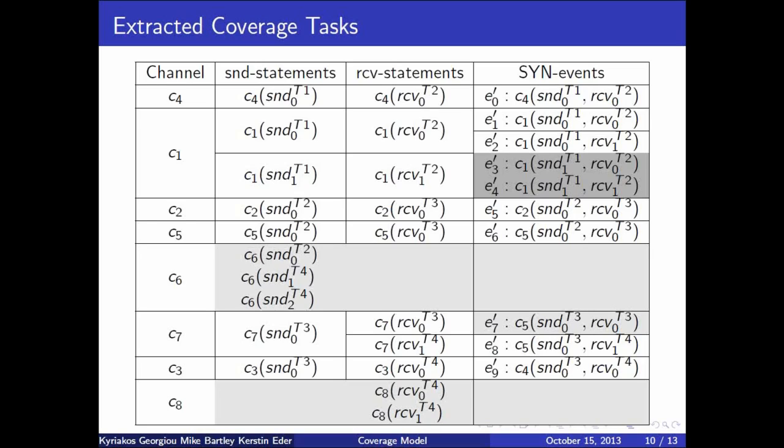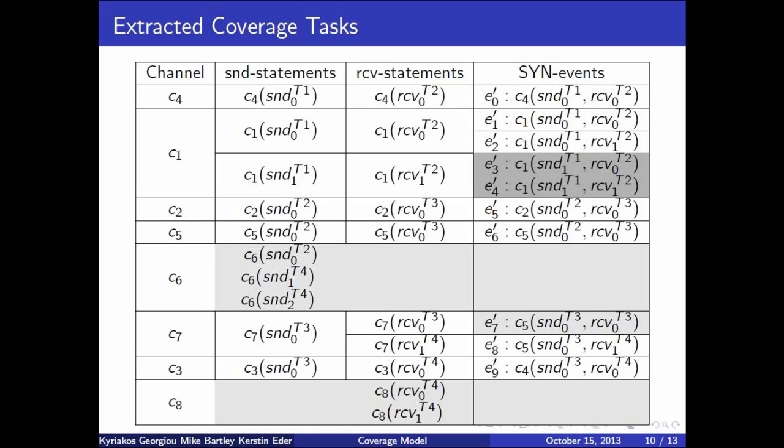So if you take channel 6, you have 3 send statements without any corresponding receive statements, and also no seen events, which means that if you reach one of those statements, your program is going to stall. And it is important to say that those statements were governed by if statements, so you can execute your program and never reach them.